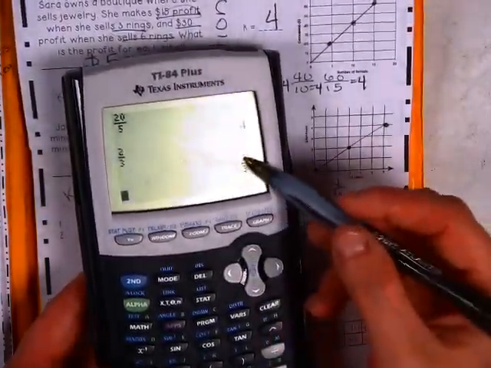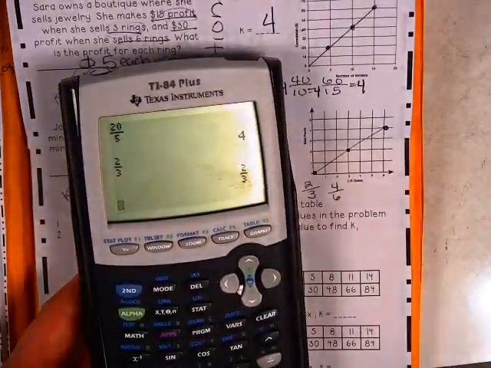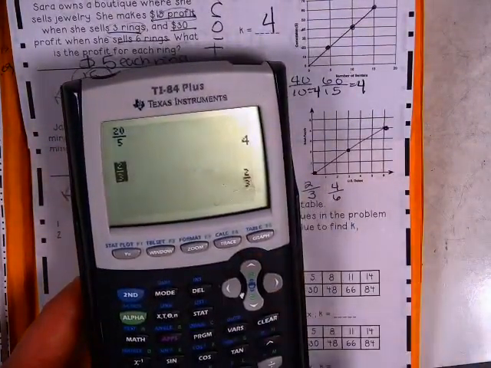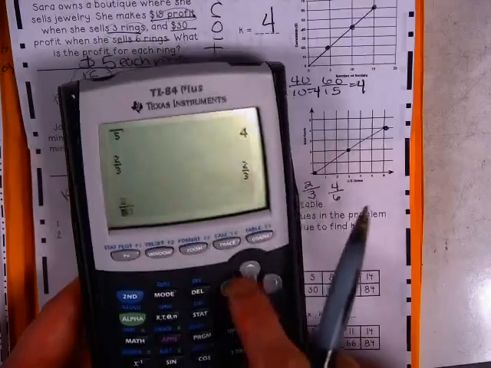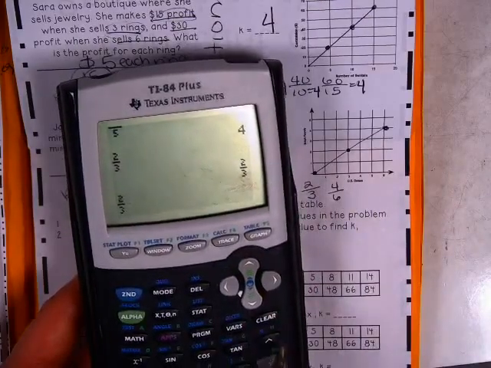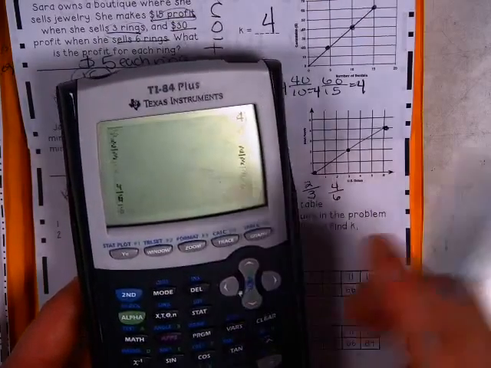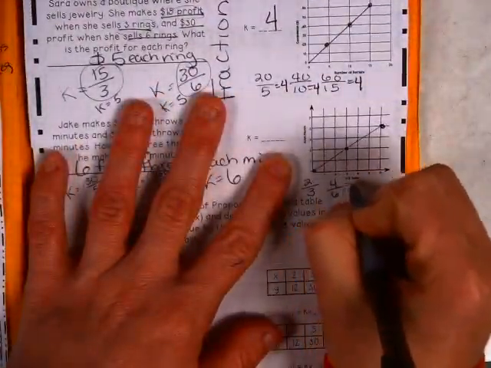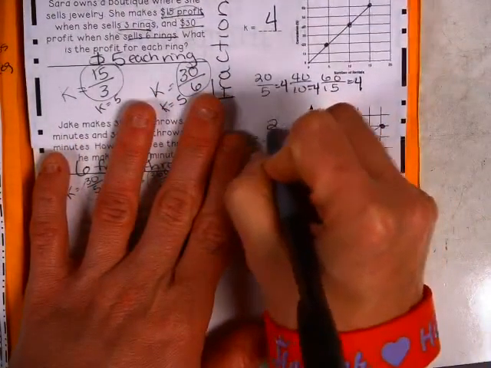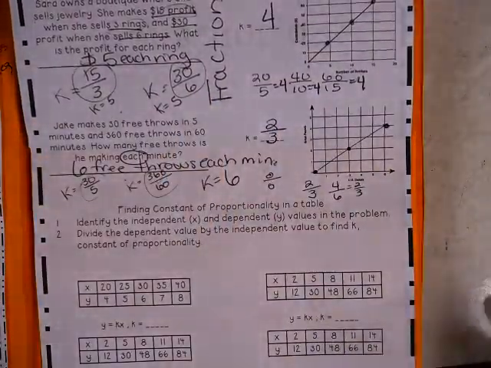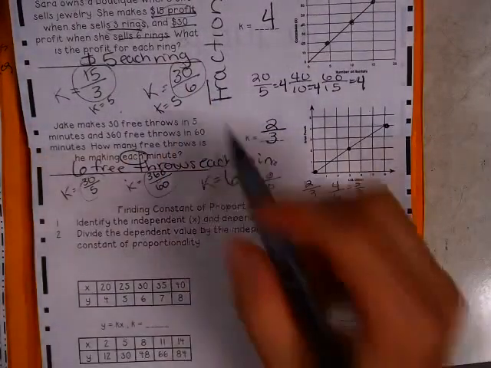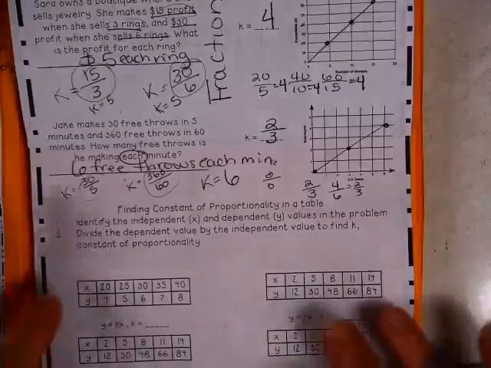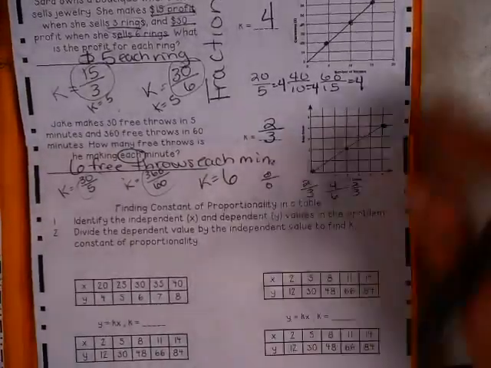Well, it's as low as it can be and it still stays in fraction form. Let's check it with the next one. 4 over 6 reduces to 2/3, so they both reduce to 2/3, so 2/3 is my constant. Is it okay if it's a fraction? Yes, it should be your answer.